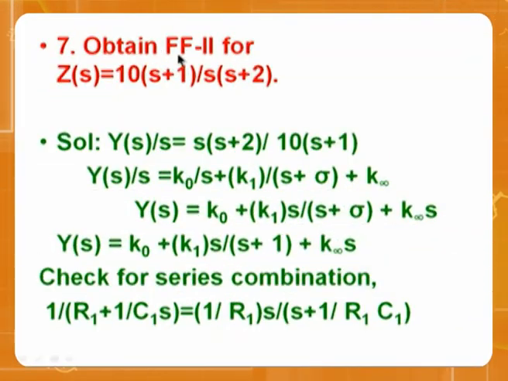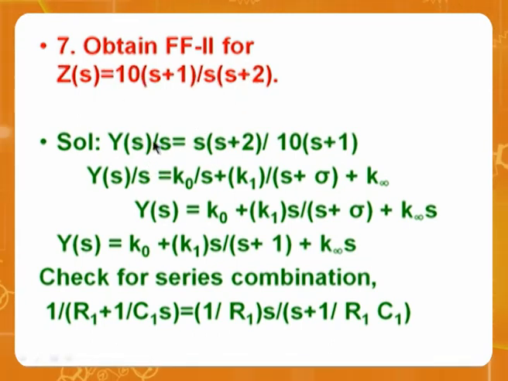Problem 7. Same function, go for Foster form 2. If the given one is Z of s here, what will be Y of s? Y of s by s is 2s plus 2 over 10s plus 1. So what will happen? We must reverse it. When you reverse it, Y of s is equal to this by this.